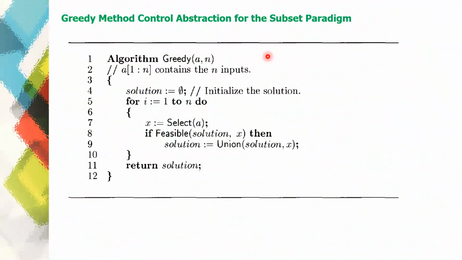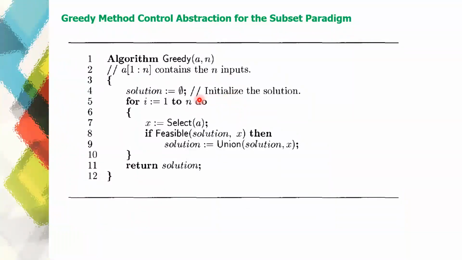So this is the general control abstraction of any greedy method. Any greedy method you take, any greedy algorithm you take, these will be the steps contained in a greedy algorithm. The greedy algorithm will be given an input problem A, which will contain elements from 1 to n. That means this array A, the problem A, contains n inputs.